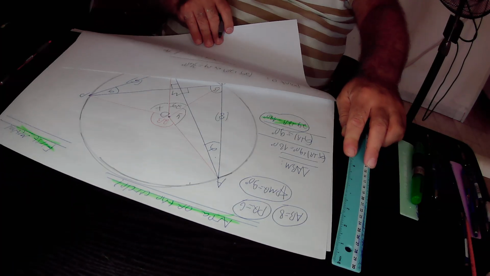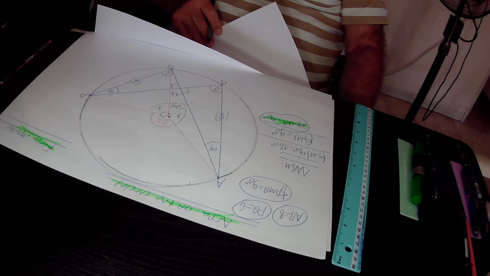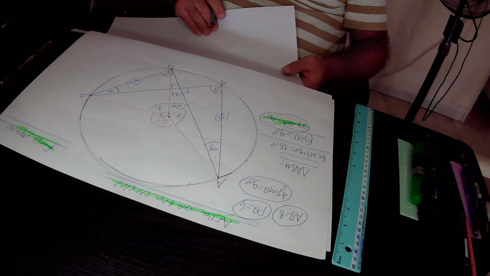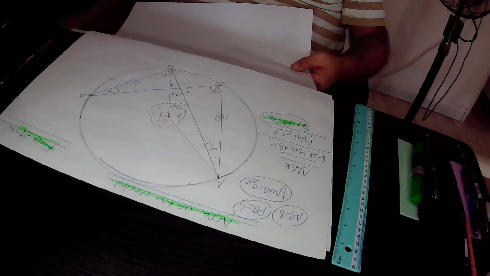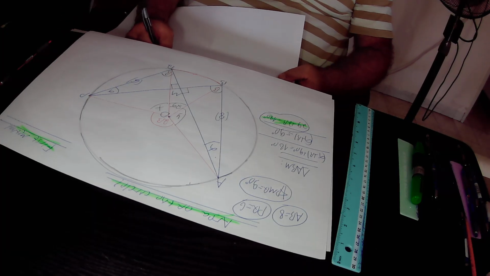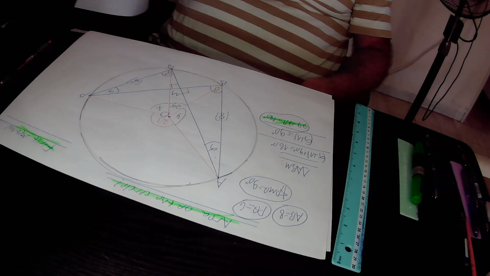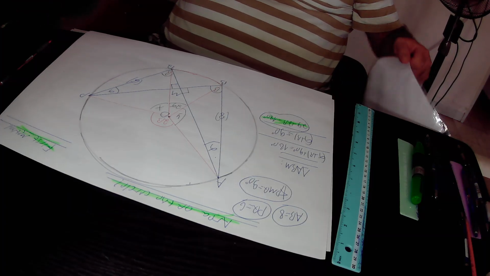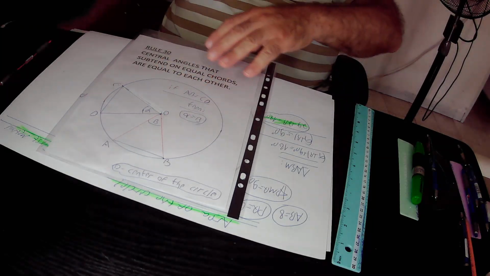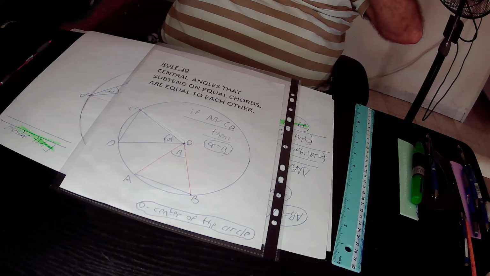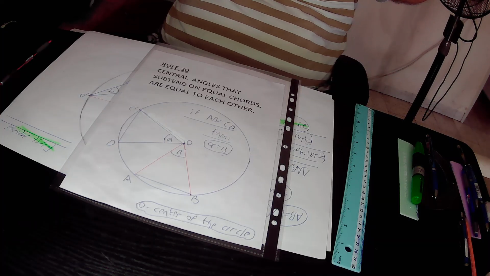In the next step, I will present to you rule 30, and we will implement rule 30 in our drawing. According to rule 30, central angles that subtend equal arcs are equal to each other.